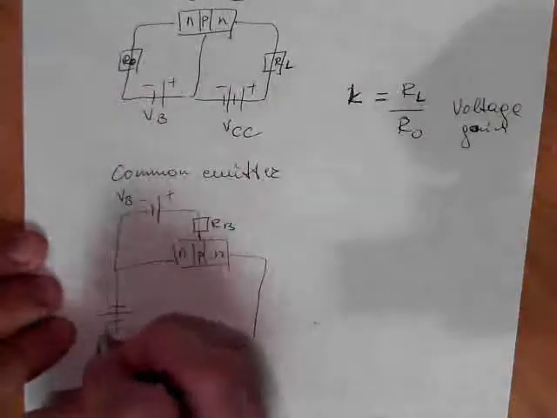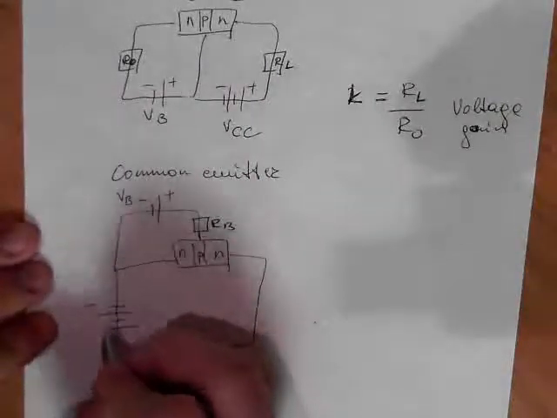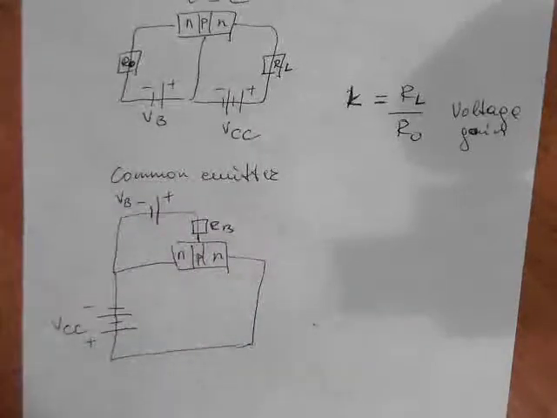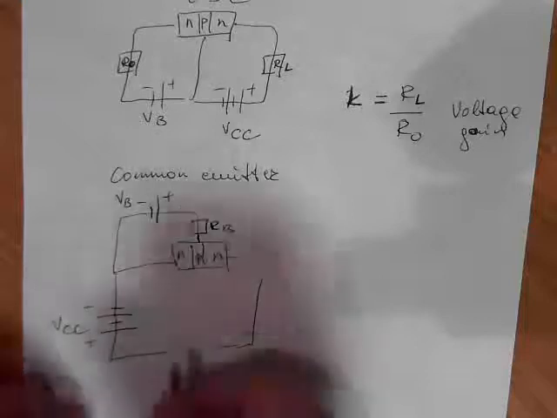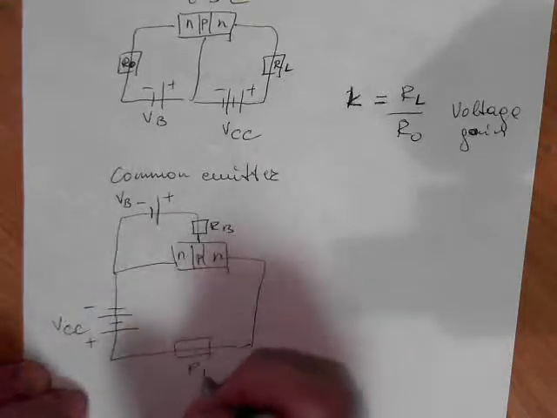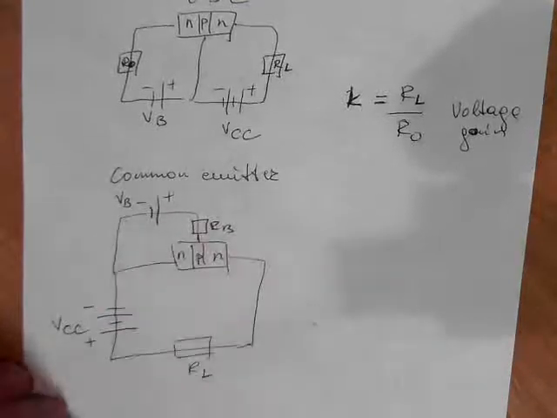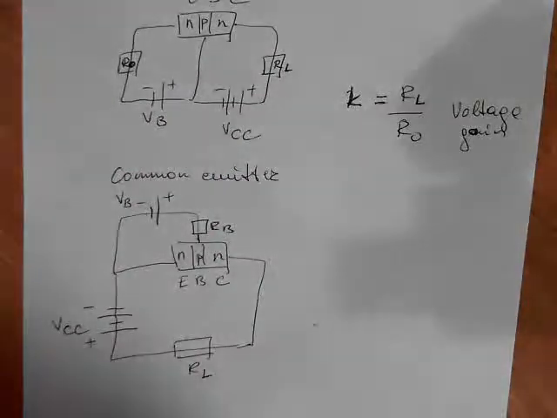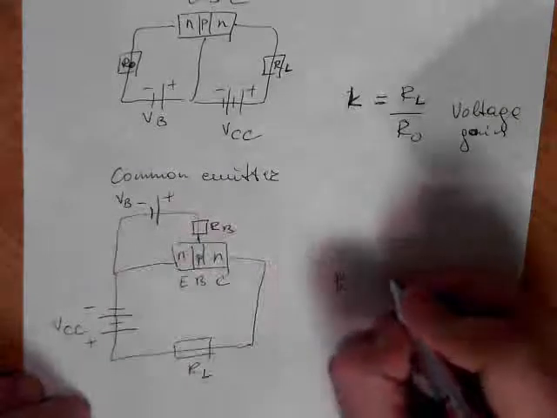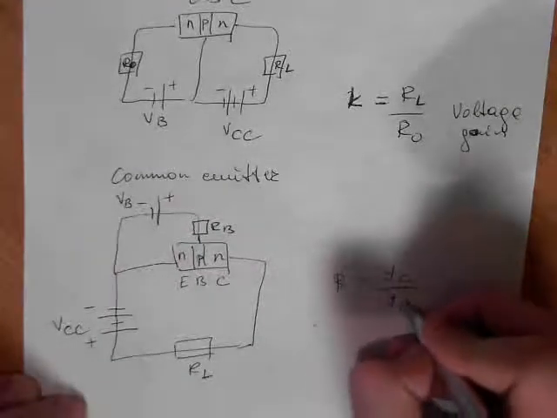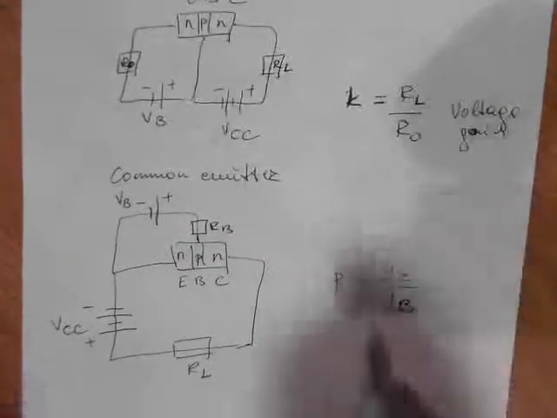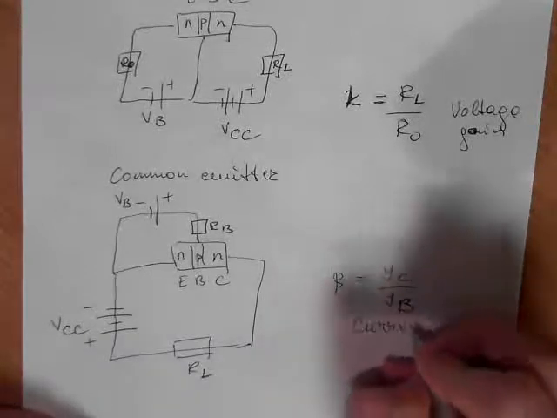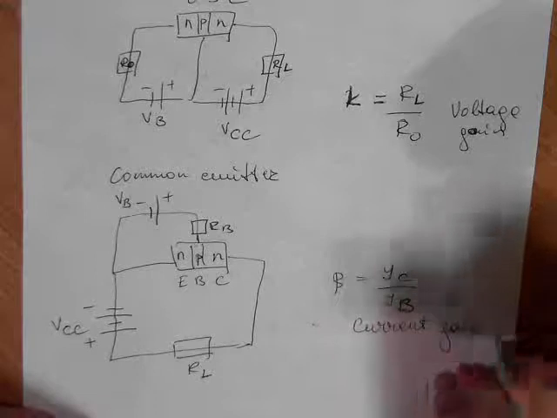This is minus, this is plus, this is the collector voltage supply. This is the load resistor, and this is emitter, base, collector. And beta was IC divided by IB. So this is the current gain in common emitter.